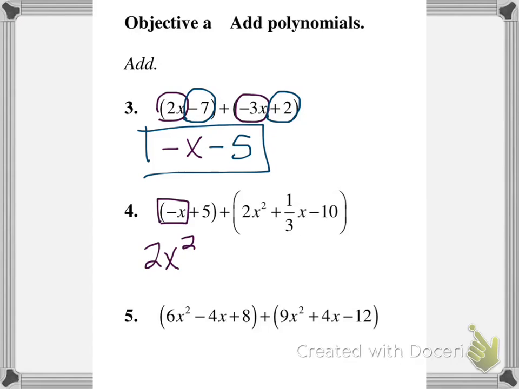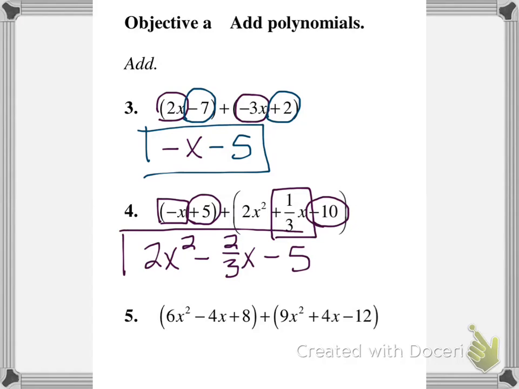I have a minus x and a plus 1/3 x. So a minus 1 plus 1/3 would be a negative 2/3, so minus 2/3 x. And then I have a plus 5 and a minus 10, which would be minus 5. So there's my final answer on that one.